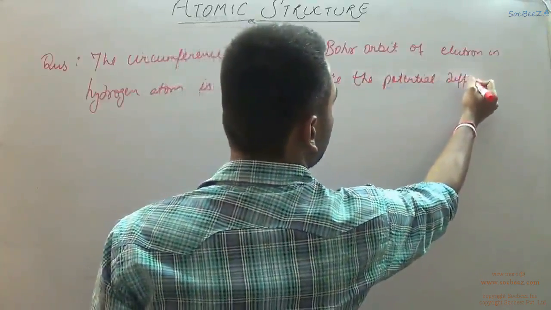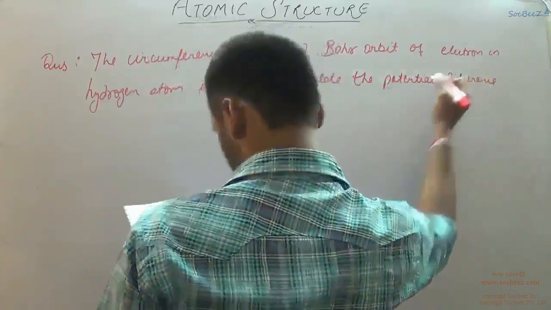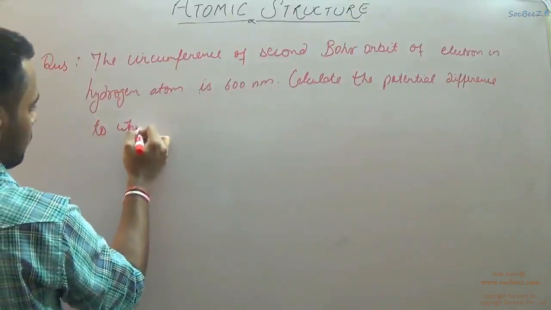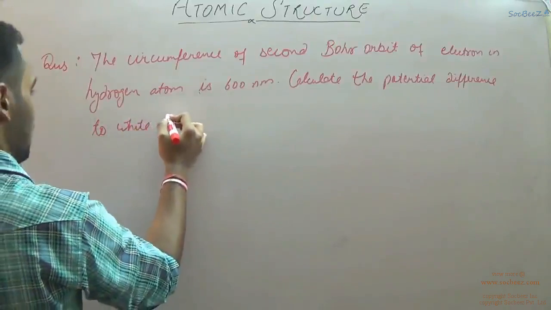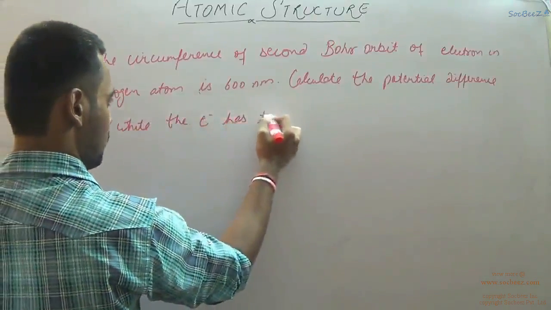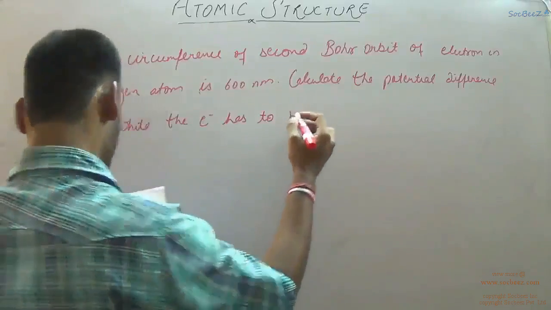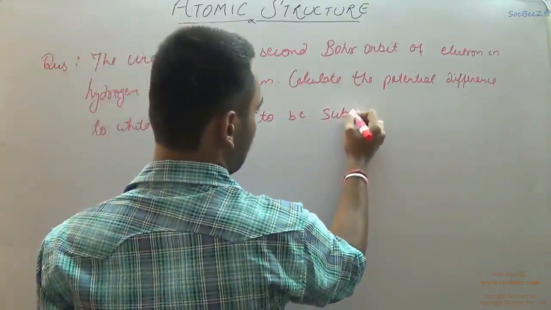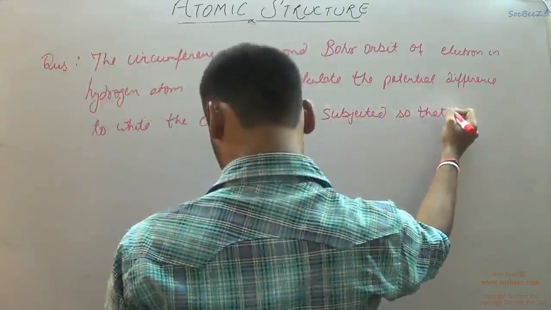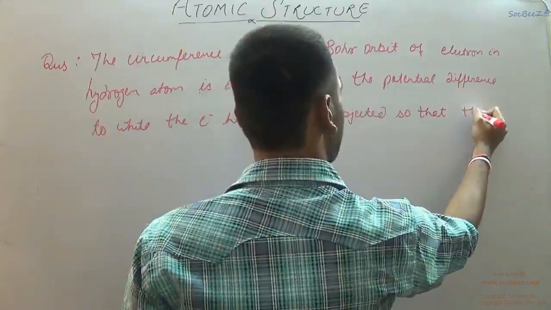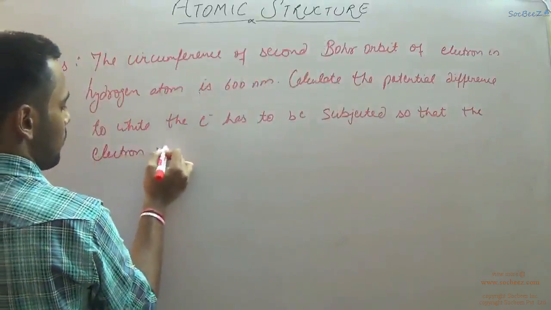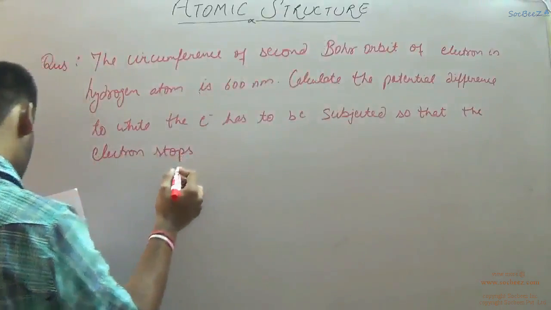Calculate the potential difference to which the electron has to be subjected so that the electron stops. Okay?